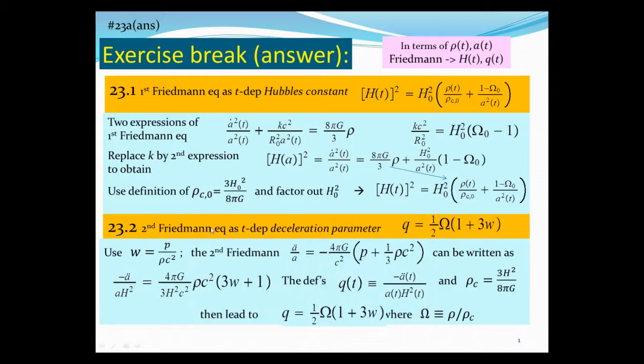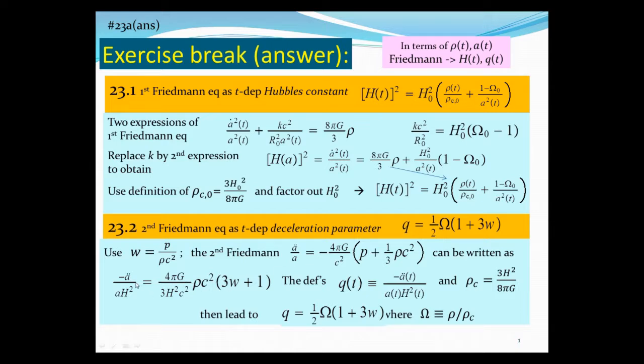Now, the second Friedmann equation can be written as a time-dependent expression for the deceleration parameter, which is defined this way. Remember that the equation of state parameter w is the pressure in units of the energy density. So the second Friedmann equation can be rewritten by just dividing by minus 1 over H squared on both sides.